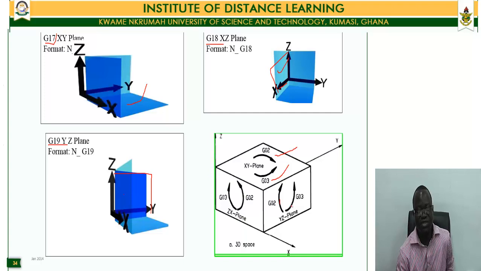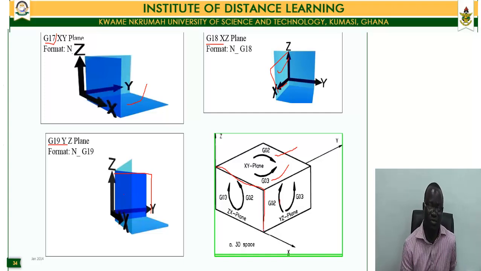It only happens in the ZX plane. So when you are programming, you have to be sure which plane you are programming, because a clockwise or counterclockwise move can mean a different direction, especially in the ZX plane.